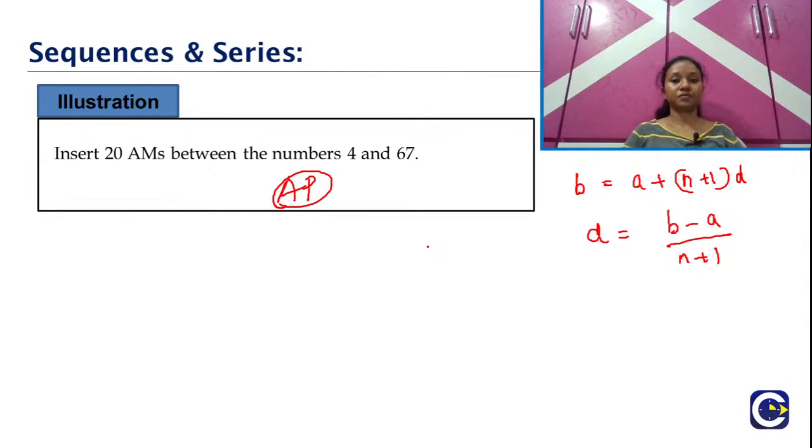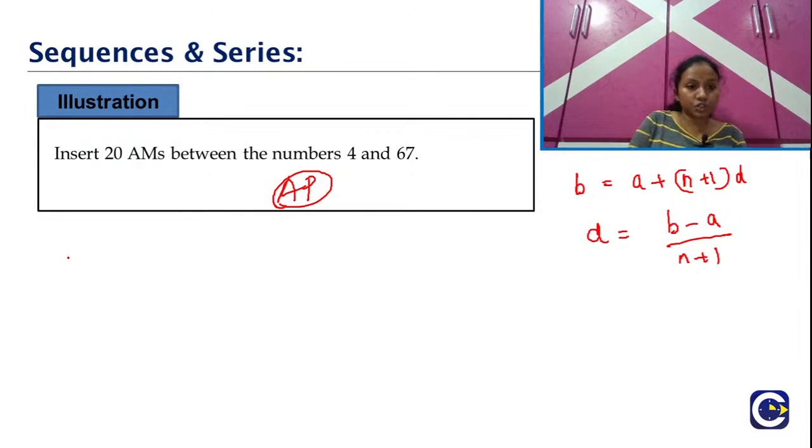Excuse me. Let's see if anyone is done solving it. You can let me know the answer.